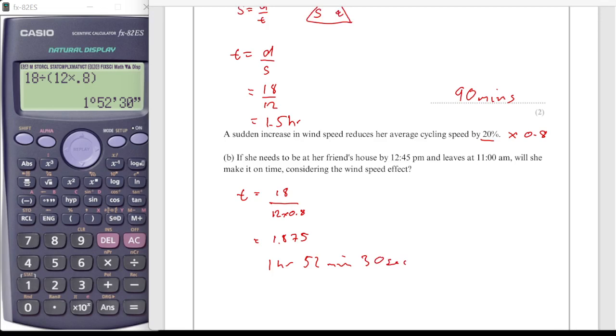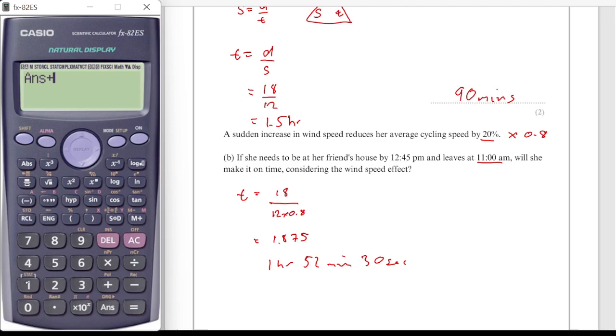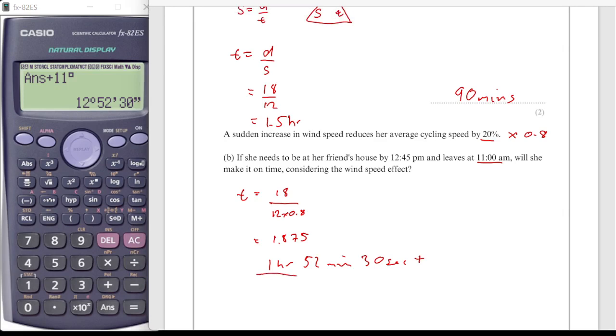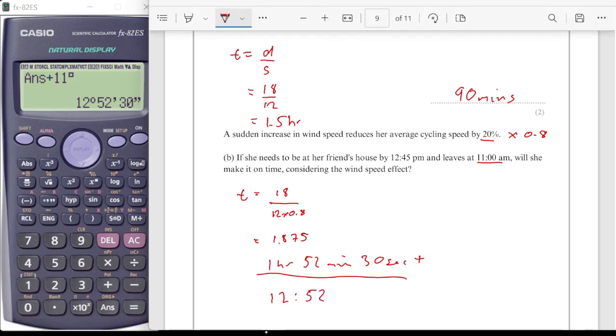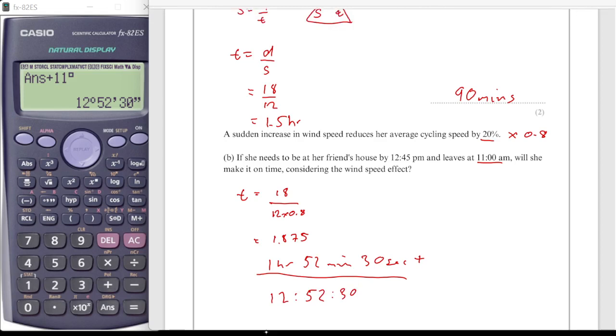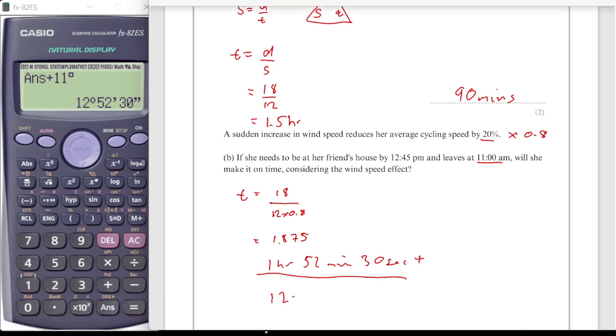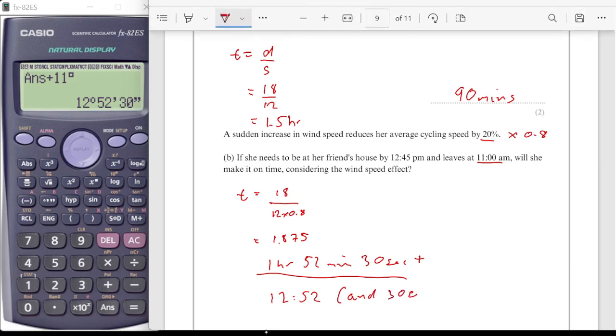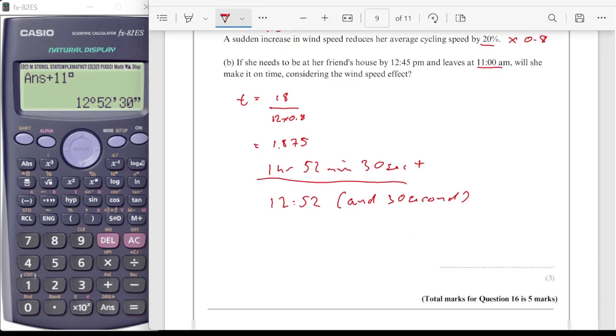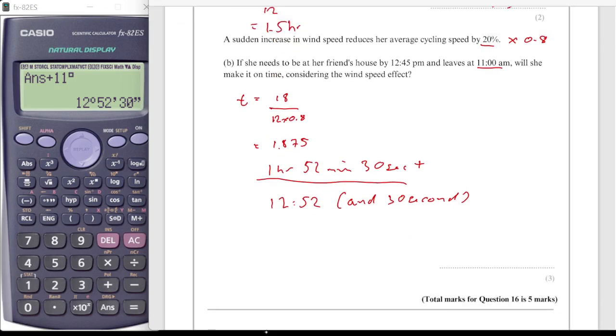So if we add that to 11, if she set off at 11, she would get to her friend's house at 12:52 and 30 seconds. I'm going to rewrite that, it doesn't make sense to do it that way in time. 12:52 and 30 seconds to be precise. So, does she make it to her friend's house on time? No, she wouldn't.